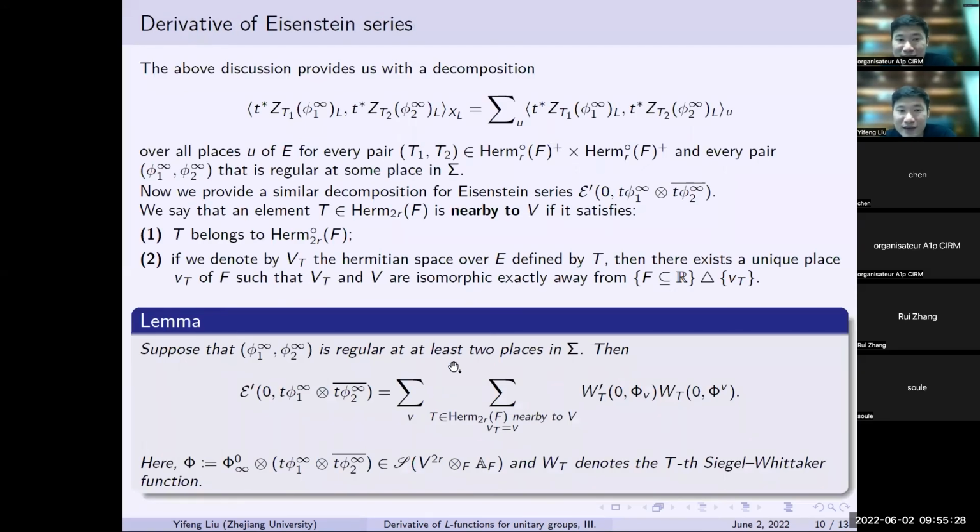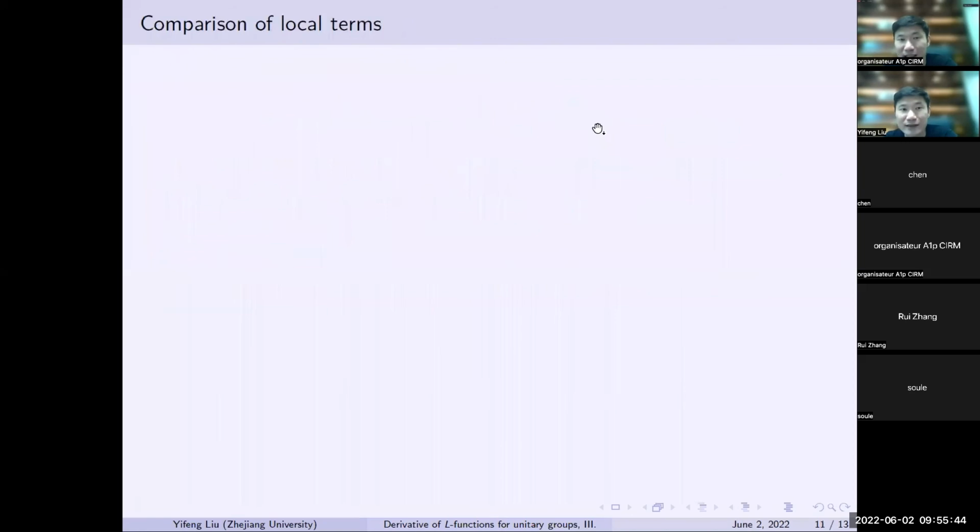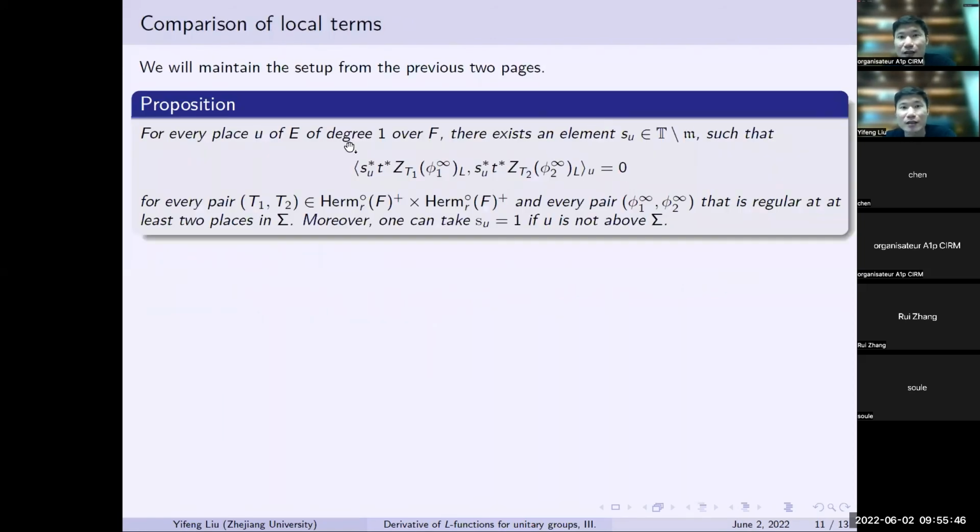The first is that if u is above a split place, then there is no contribution here. So ideally, you should prove that there is also no contribution here if u is over a split place of F. And this is our first stage, our first proposition.